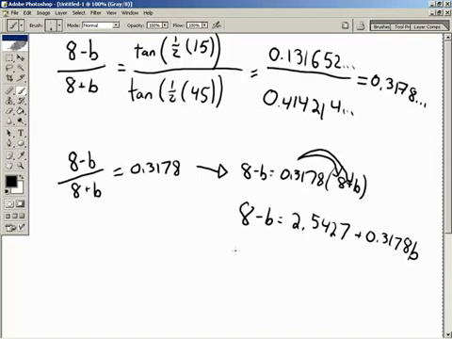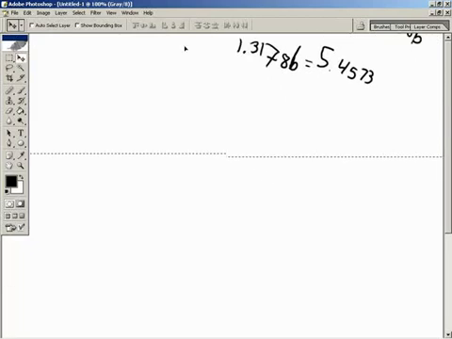Well, that's pretty clearly 1.3178b, right? And then equals, there's a b there. Make sure that's very clear. That's not a 6, it's a b. And 8 minus 2.5427 gives 5.4573.